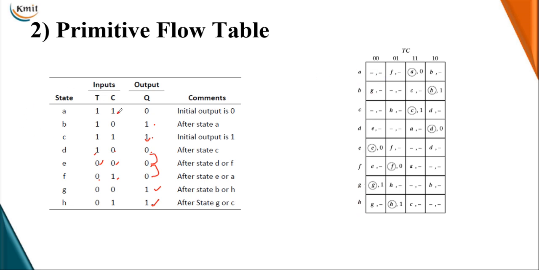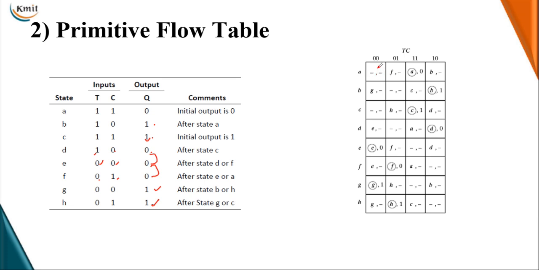Now here for 1 1, your output is 0, a stable state, so we circled 1 1. And for such an initial state of 1 1, the redundant state or don't care state is 0 0, so we mention dashes. This is called the redundant state.